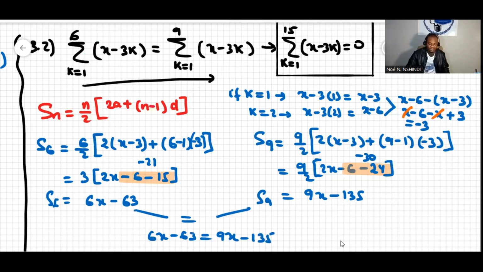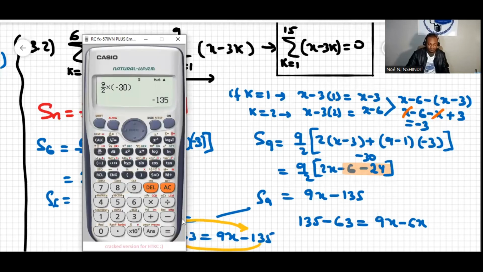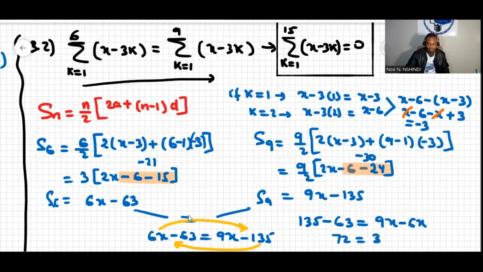I prefer to move the 6x over and the negative 135 over, so this will be positive 135 minus 63 equal to 9x minus 6x. 135 minus 63 is 72, and that's equal to 3x. Now we divide both sides by 3, and we get x equal to 24.